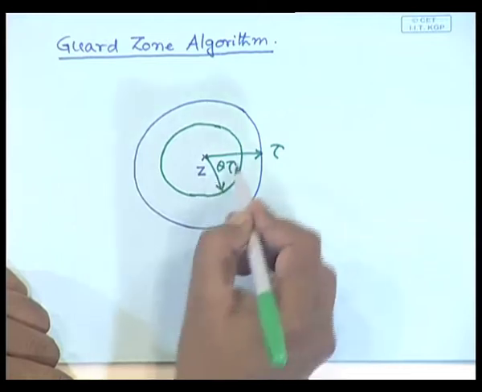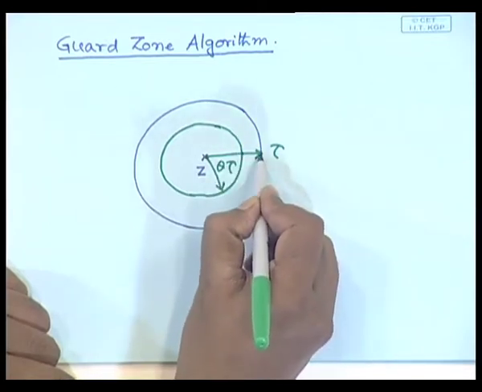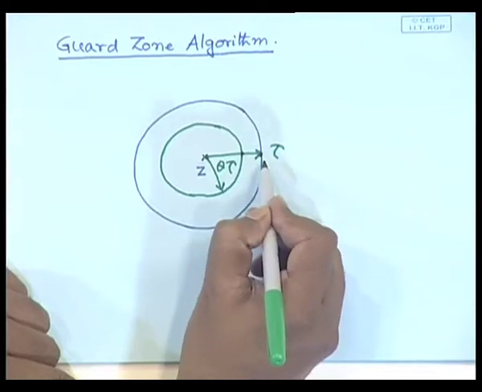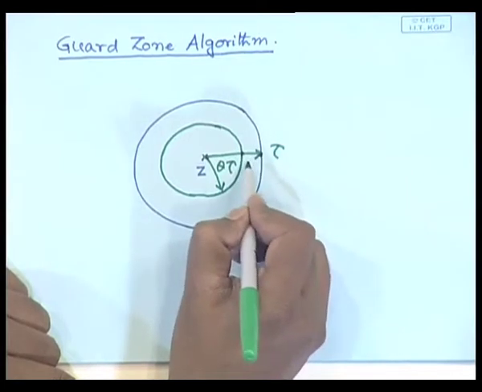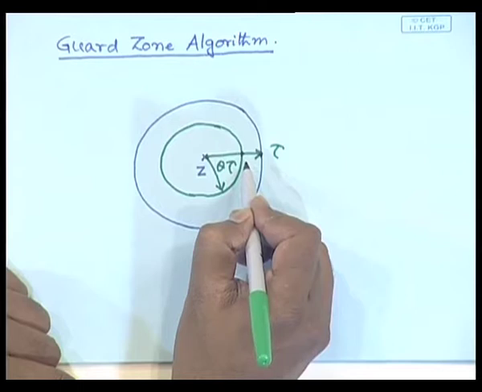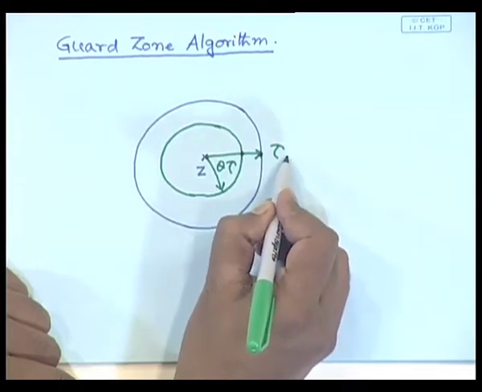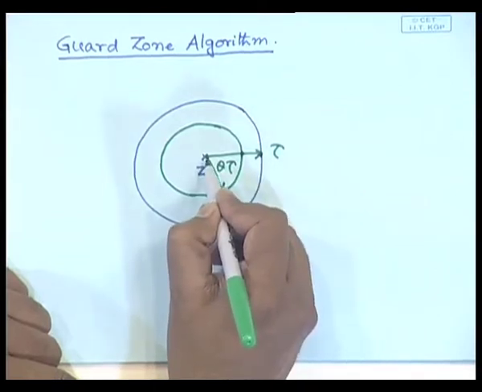If it is between theta times tau and tau, do not take any immediate decision about that feature vector. And if the feature vector is beyond tau, then that feature vector should not be clustered into this Z.